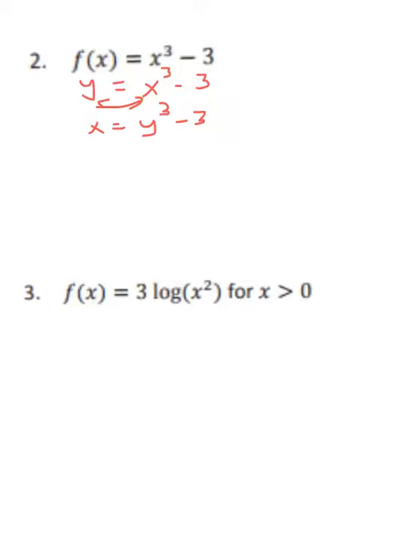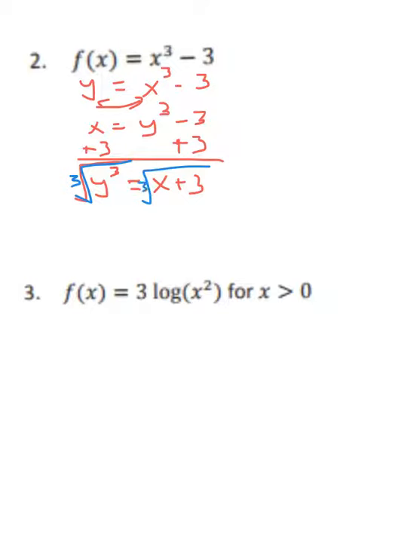First step, logically, bring the 3 to the other side, add 3. So you now get y cubed equals x plus 3. And how do you get rid of a cube? You take the cube root. So we will take the cube root of both sides.